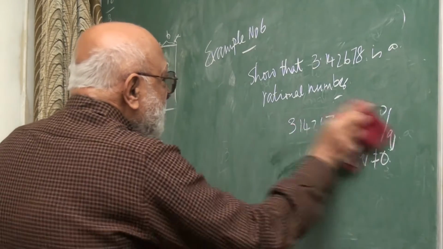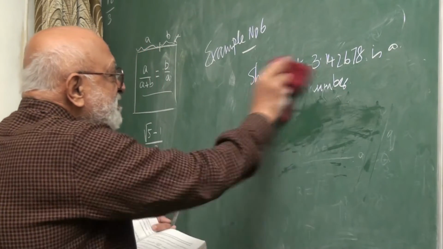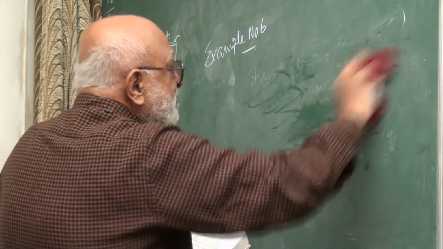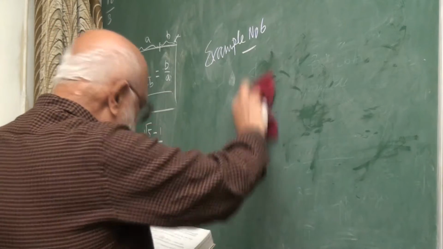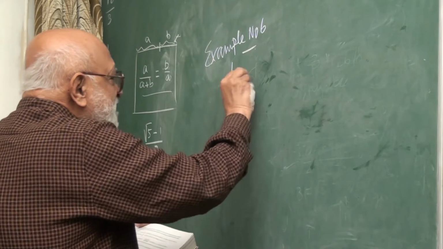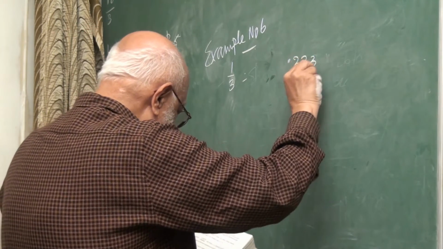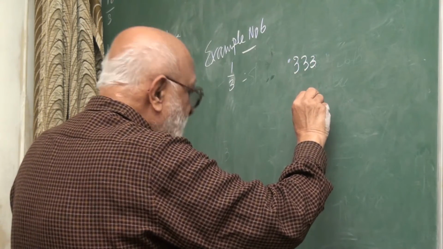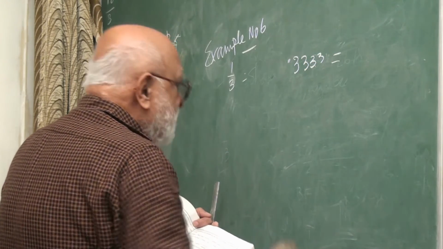Okay. Again, it says the decimal expansion that we have done of 1/3, that is 0.333.